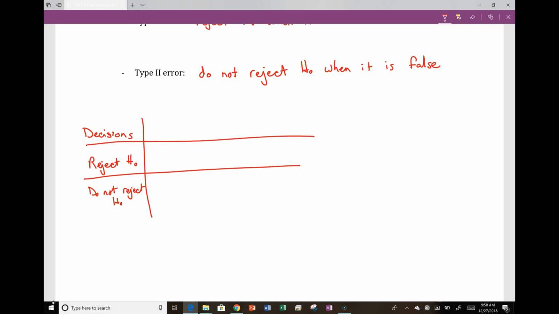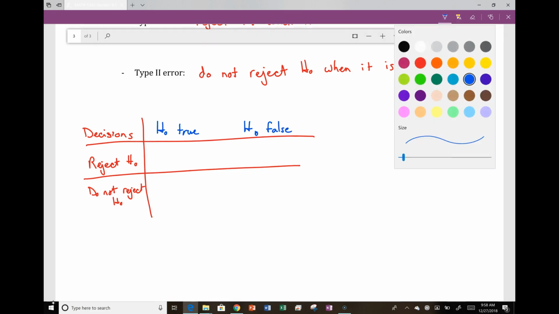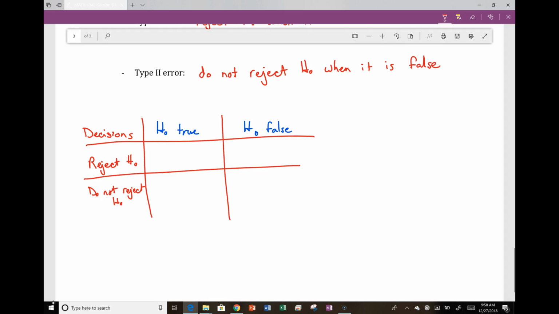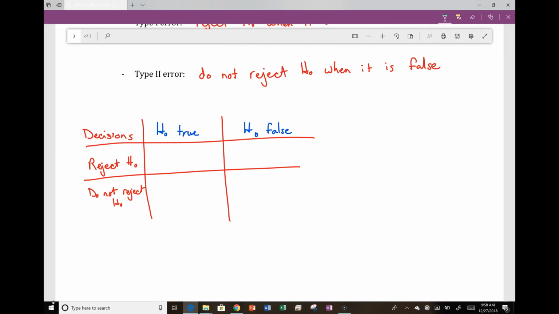Our possible outcomes is that the null hypothesis is true, or the null hypothesis is false. And so looking at this, again, this is a little bit difficult for us to understand. So I'm going to come over here and look at the court of law.